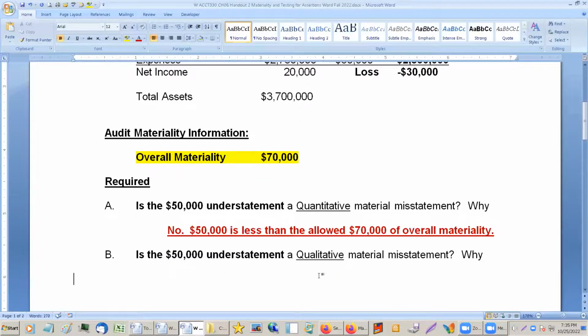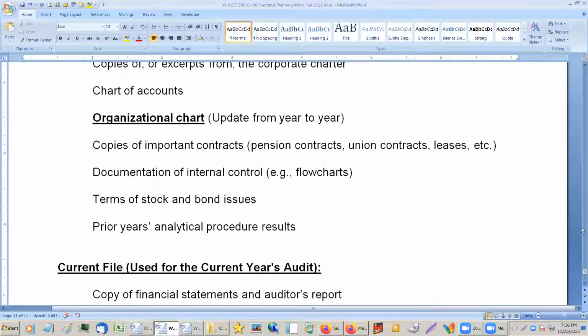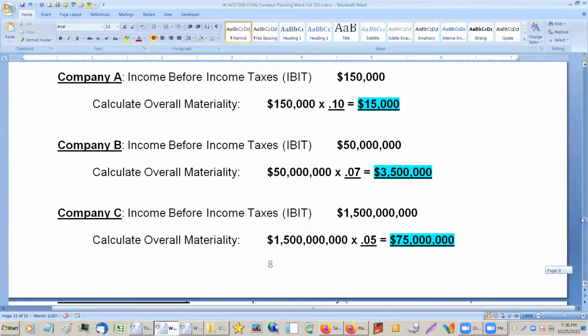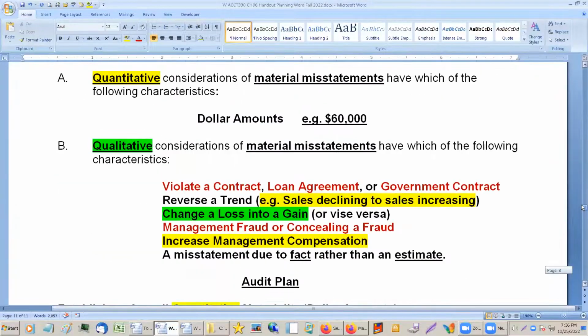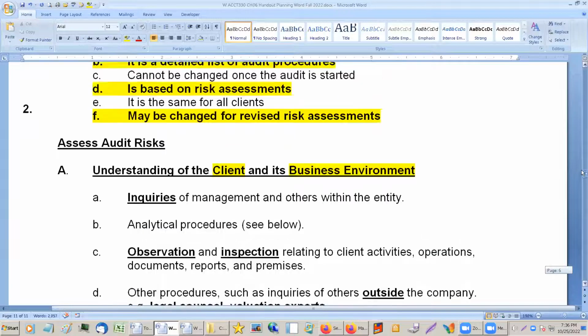So for qualitative, is this misstatement material? Went from this to this. I mean, if it was concealing a fraud, the $30,000, could that be questionable?